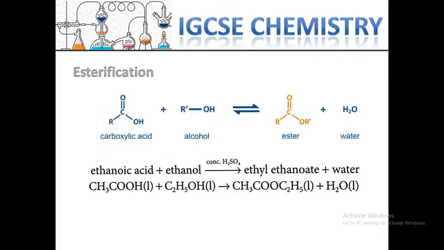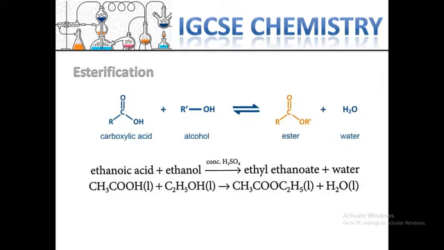One important reaction of carboxylic acid is the reaction between carboxylic acid and alcohol. We learned about alcohol in the previous session. The result from this reaction is ester.